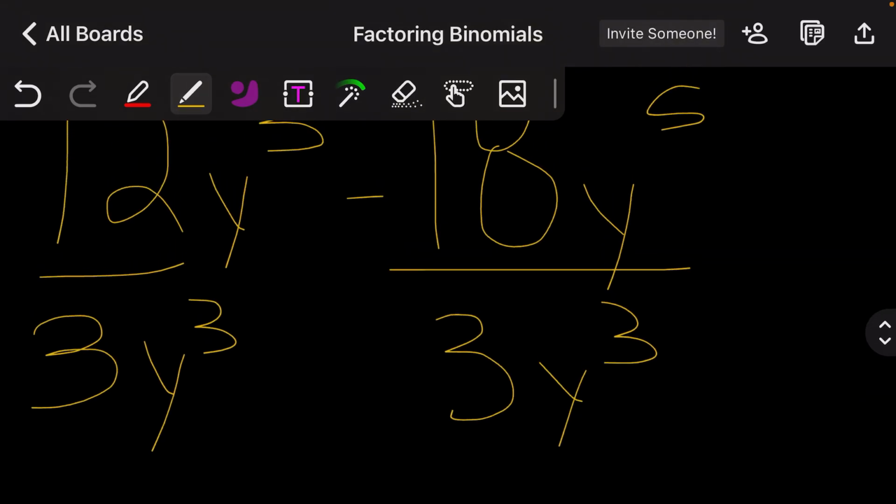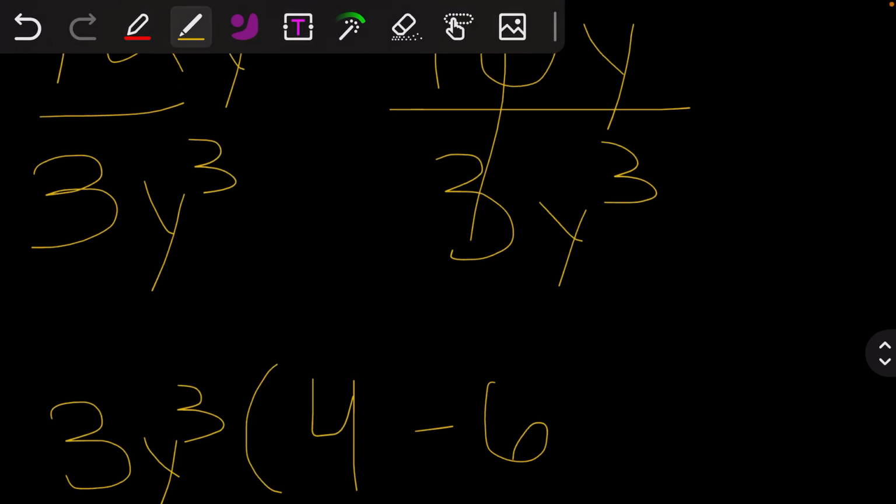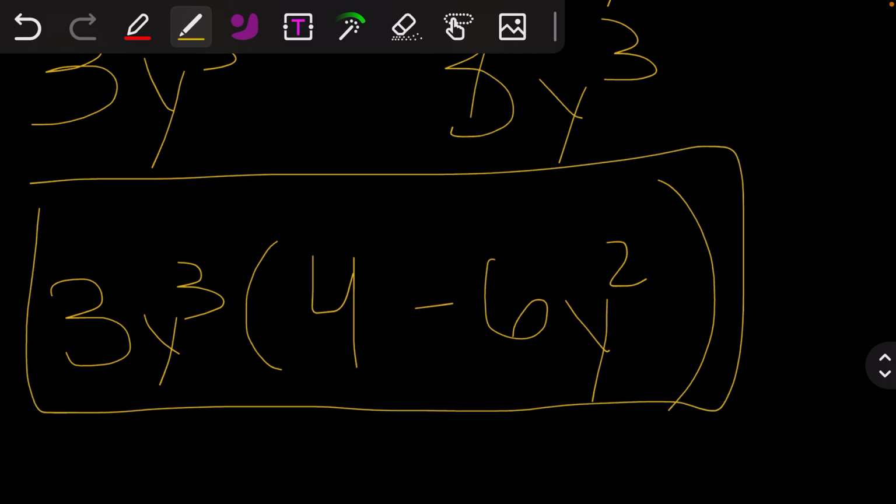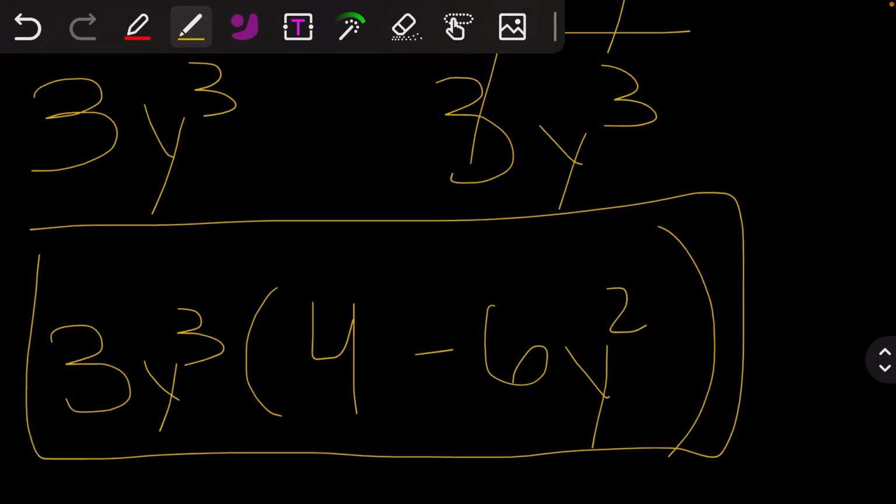And when we divide y to the 5th power by y to the 3rd power, we subtract the bottom exponent from the top exponent. So that's just going to be y squared. So this is our answer: 3y cubed times 4 minus 6y squared.